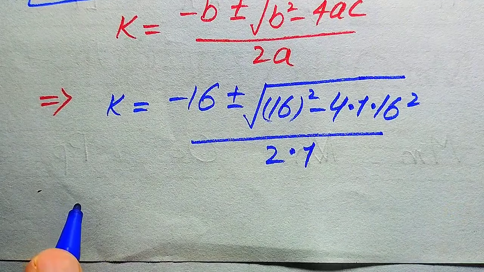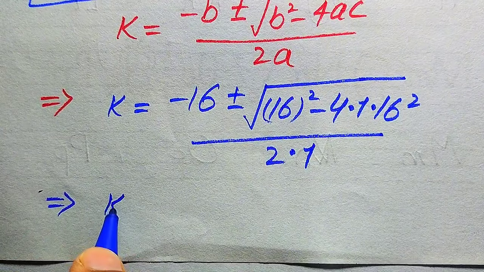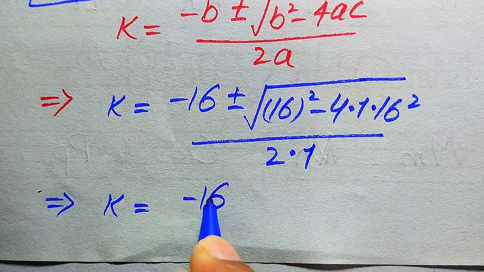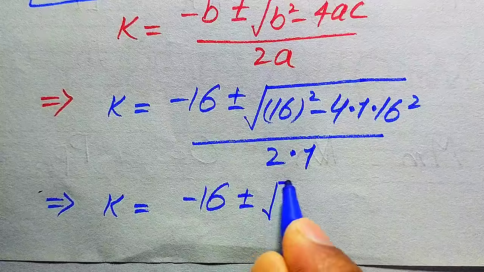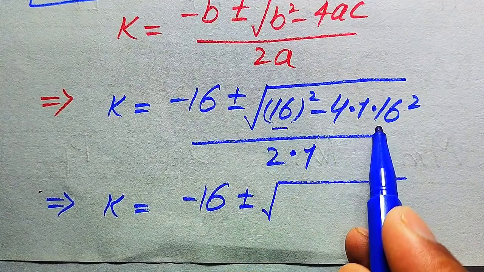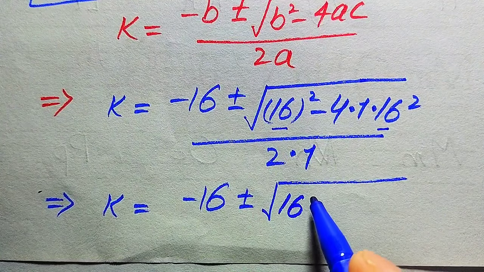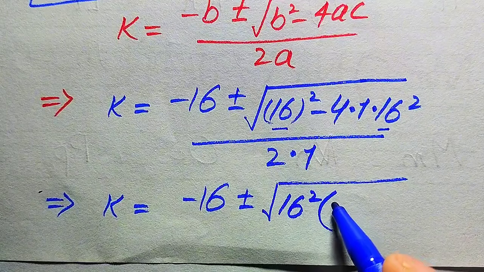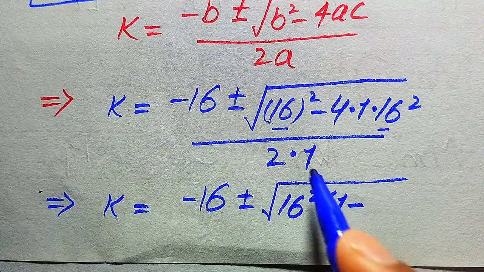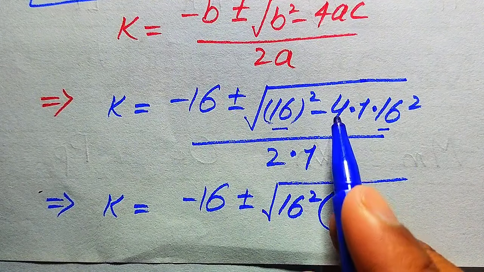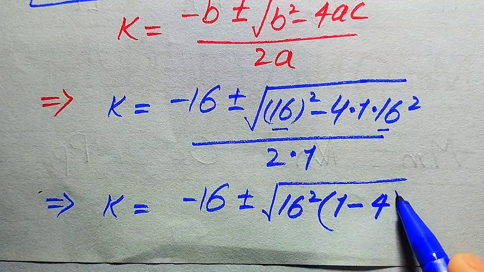So further in the next step we need more simplifications, and it will be written as k equals to minus 16 plus minus square root of, here we take common 16 square from both of these two terms. When we take common 16 square, the remaining values are 1 from the first term and 4 from the second term.